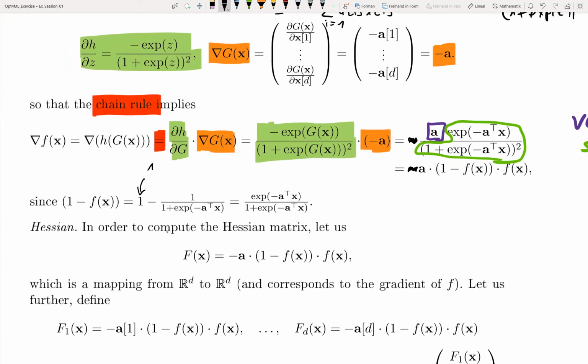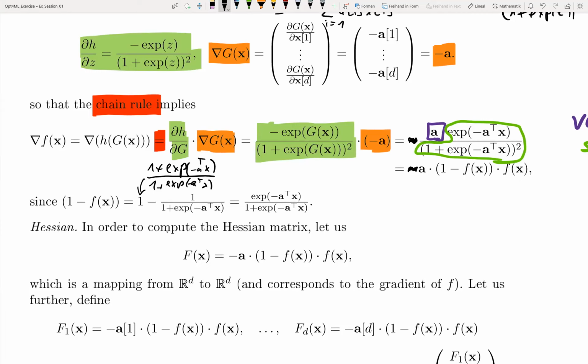This here can be expressed as 1 plus x minus a transpose x divided by the same. So this is a complicated way to express a 1. Putting everything together, the 1 and this minus 1 here are canceling out. You're left with minus a transpose x divided by this function we have all the time in the denominator.